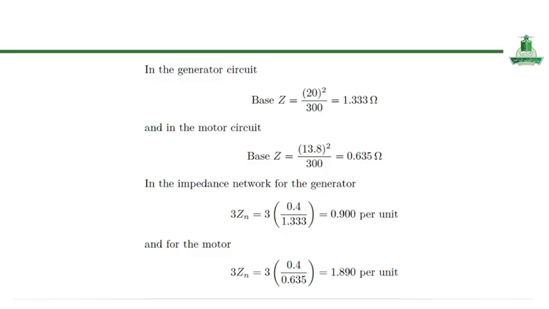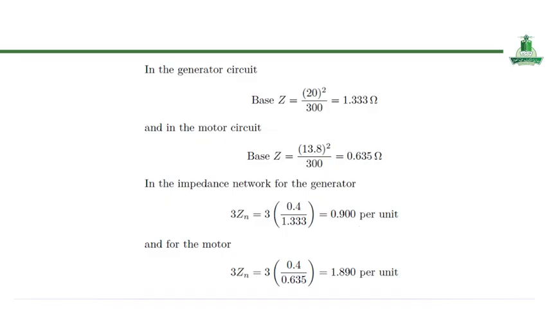The slide then proceeds to calculate the equivalent neutral impedance in the zero sequence network, represented as 3Zn. For the generator, substituting the given neutral impedance and dividing by the base impedance, we can find this value, 0.9 per unit.